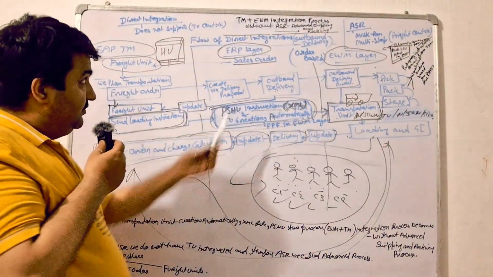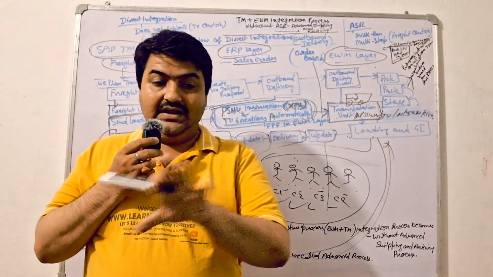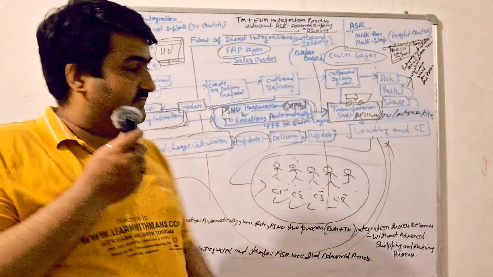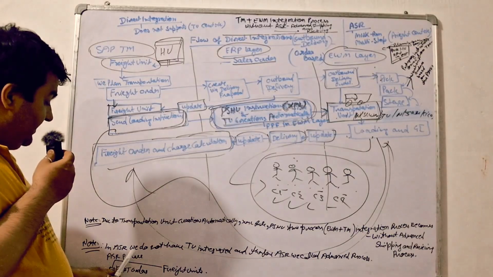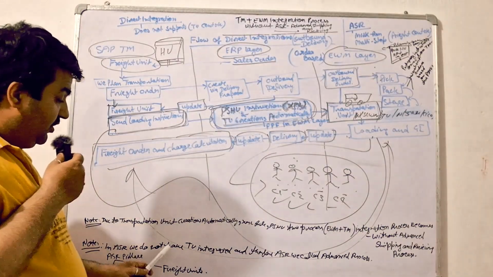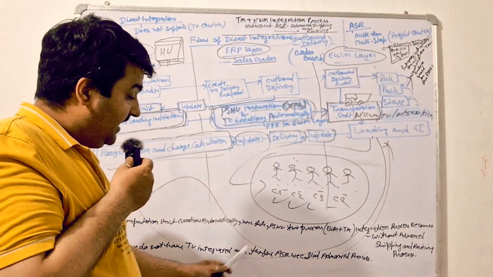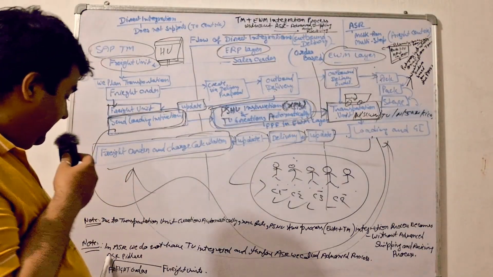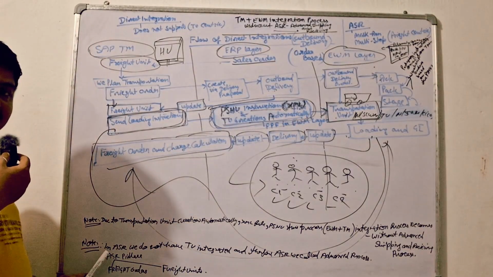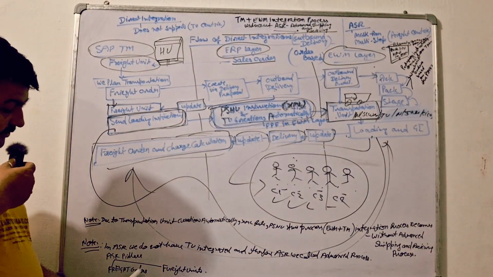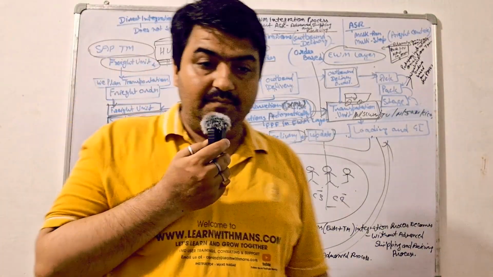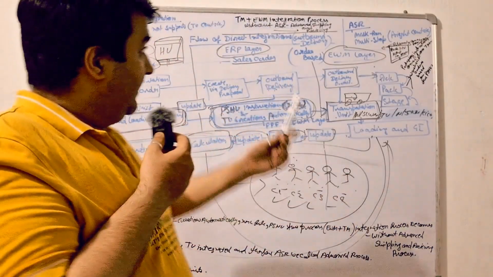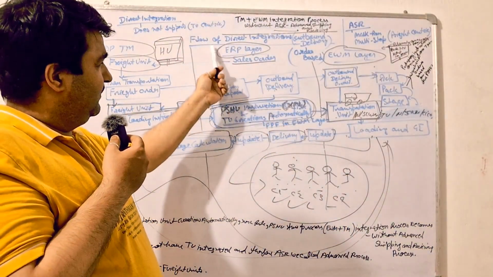So when we use ASR, we have visibility globally across the entire process, not PO specific. In ASR, advanced shipping and receiving, we do not have PO integrated, and therefore we call ASR an advanced process. So the ASR pillars I mentioned here are freight orders and freight units. This is the outbound delivery flow.